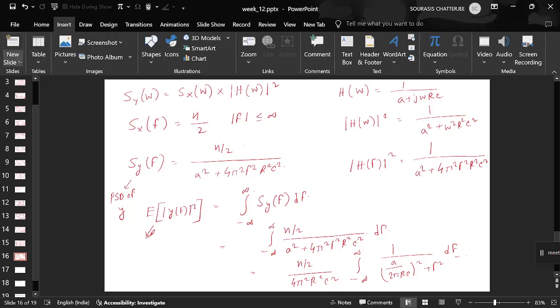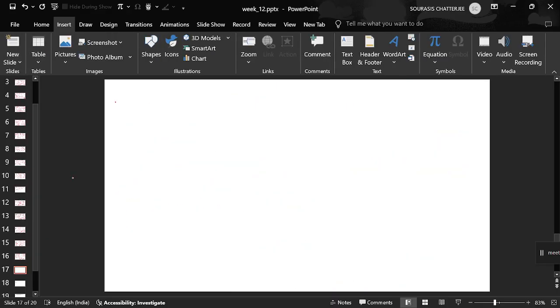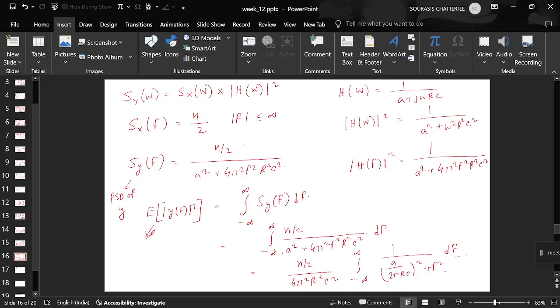We have the standard tan inverse expression here that we have already seen in an earlier case.